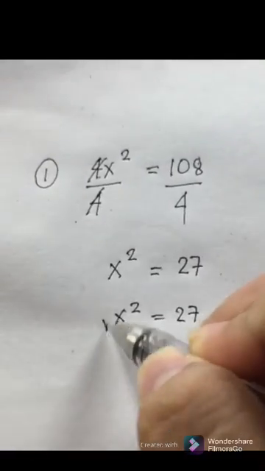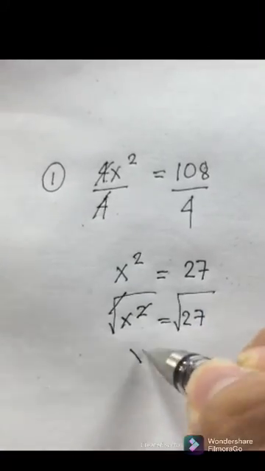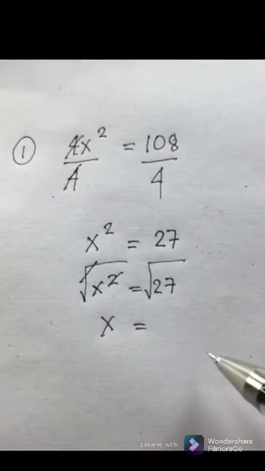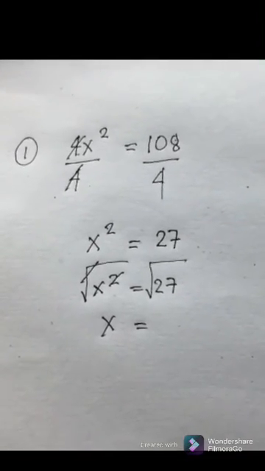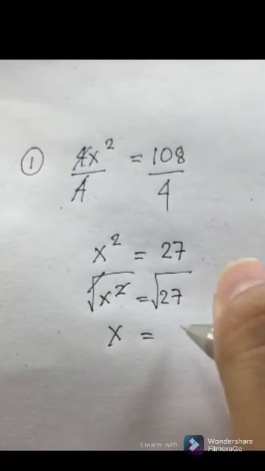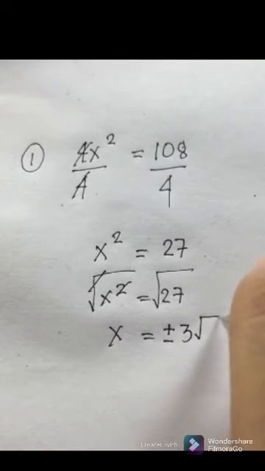That will be squared and squared. This will be cancelled, x, and that will be square root of 27. That will give us square root of 27. That is, using your calculator, that will be positive negative 3 square root of 3.